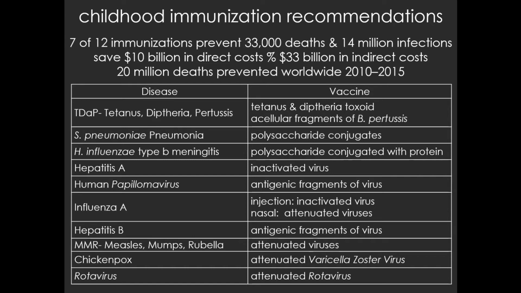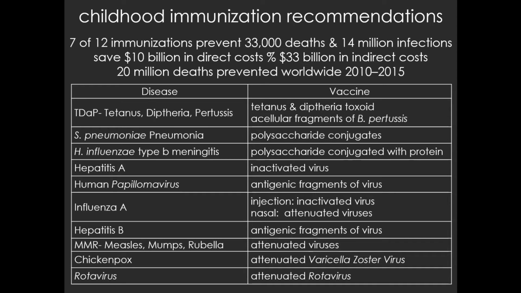Some of these, as you can see here, provide immunity to toxins. For instance, the tetanus and diphtheria immunization is not to the bacteria themselves, but to the toxin that they produce. And combined with those tetanus and diphtheria toxoids are acellular fragments of Bordetella pertussis, which causes whooping cough. So these are not capable of causing infection because they actually are not attenuated bacteria. They are portions of the bacterium.